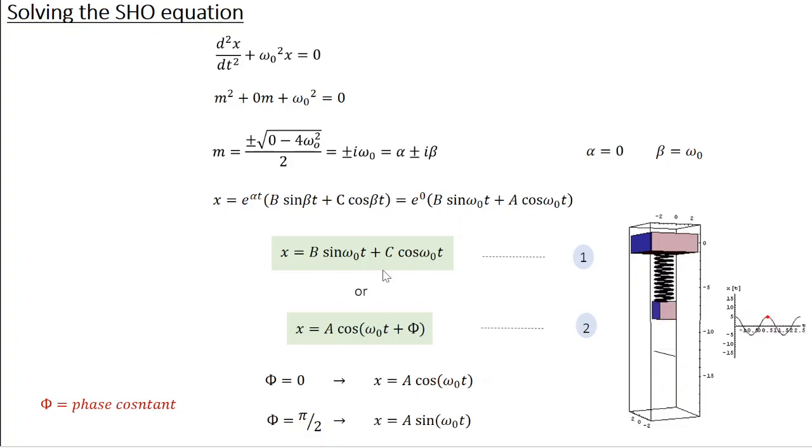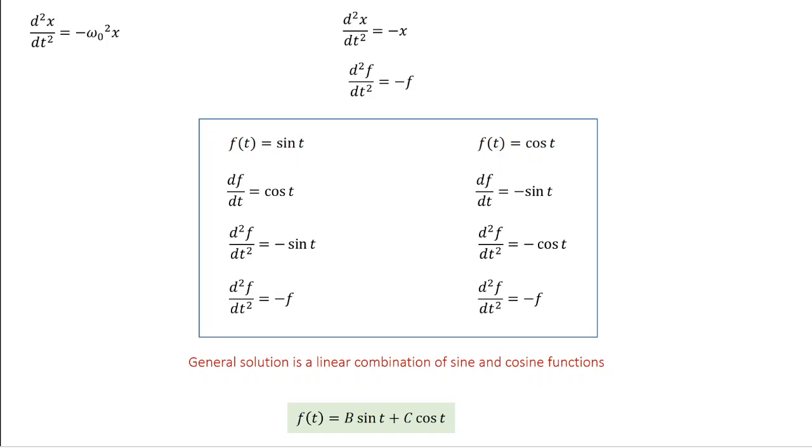Now you can arrive at this kind of a solution even without solving the equation explicitly. You can have a qualitative analysis. Why? Because look at our equation of motion, d square x by dt square equal to minus omega naught square x. Right? This is the equation of motion. Don't bother about this constant for now.